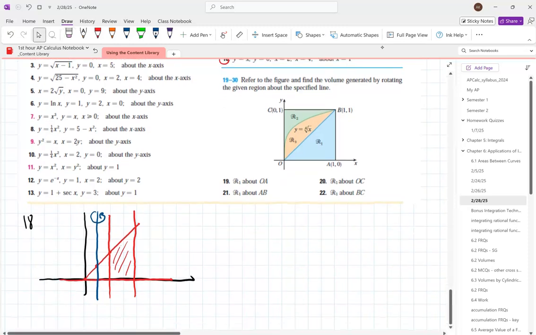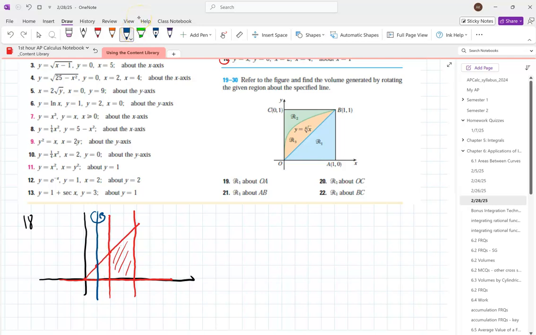So the first thing I want to do is decide whether this should be done as shell, washer, disc, right? So the first thing I'm going to notice is that I know it can't be done as a disc because the shaded region isn't touching the axis of rotation, right? There's a gap between there. So I know I'm either going to do this as shells or washers. So far, so good. Won't be discs.